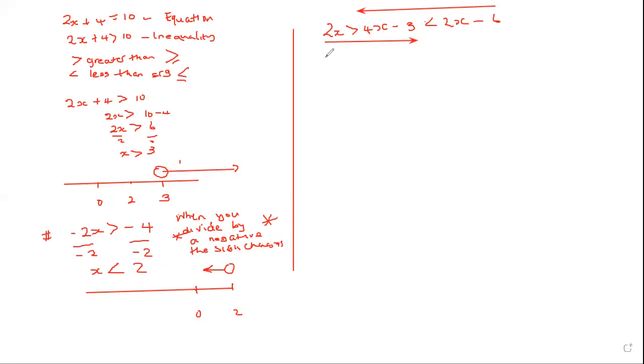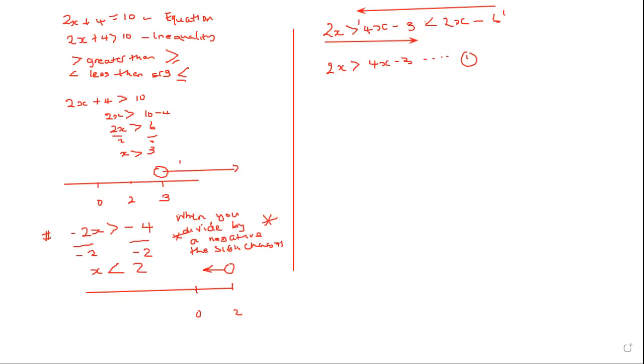Let me demonstrate how we do it. The first inequality in this case is 2x greater than 4x minus 3. We call this inequality number 1. Then we make another inequality from left to right. So we are going to demarcate this and that.